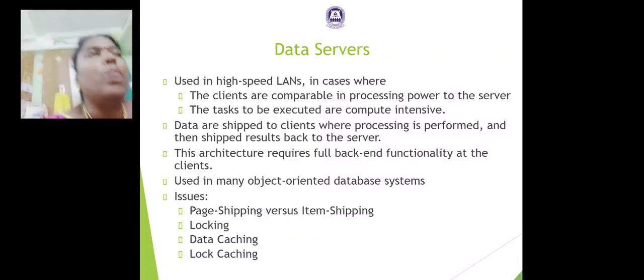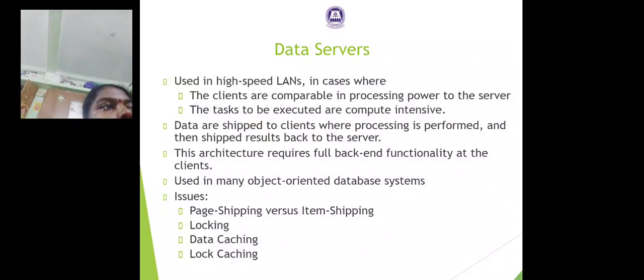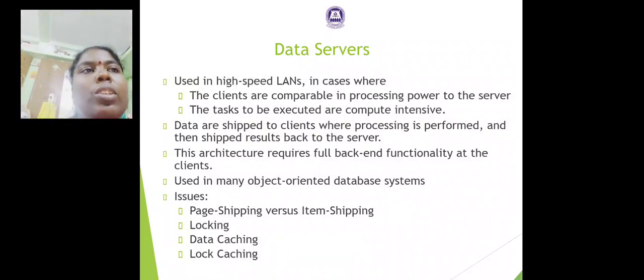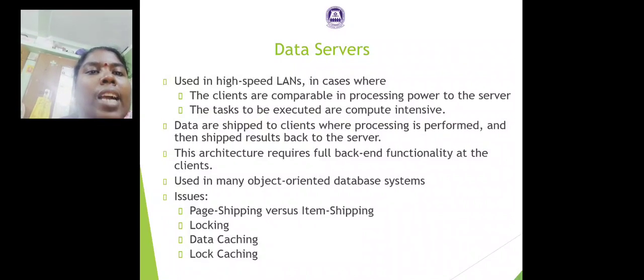Shipping data from server to client is of two types. The first is item shipping and the other is page shipping. Item shipping means only the particular data needed for the process is sent.